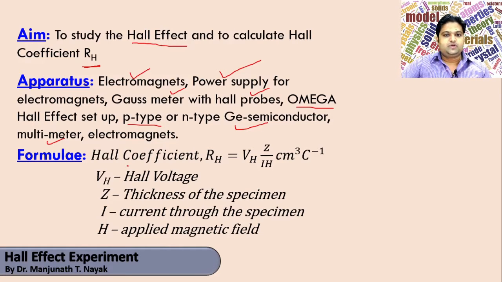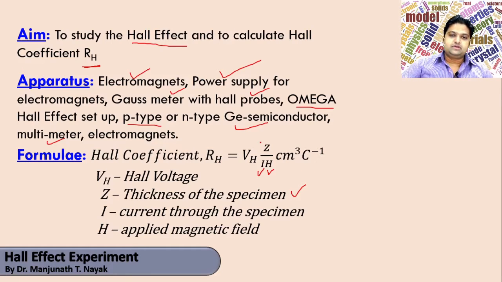The formula for the Hall coefficient is RH is equal to the Hall voltage that is generated, times Z, where Z is the thickness of the specimen, divided by I, the current that you will be giving, and H, the magnetic field that is applied again by yourself. We have to calculate all this in cubic centimeter per coulomb unit.